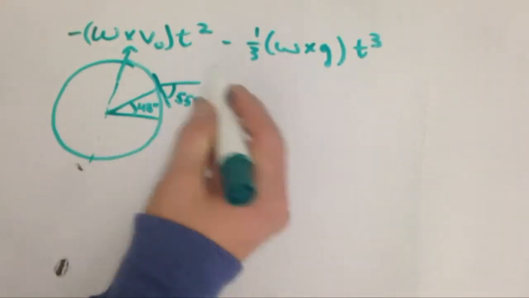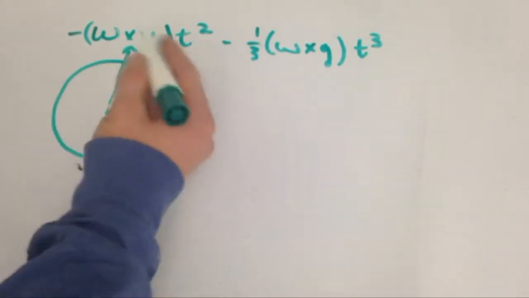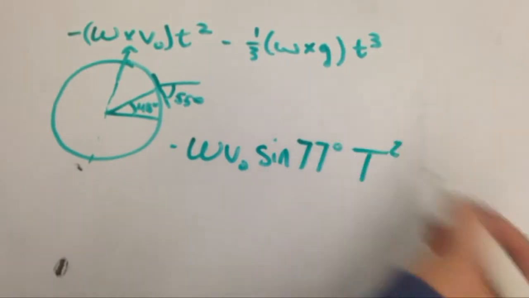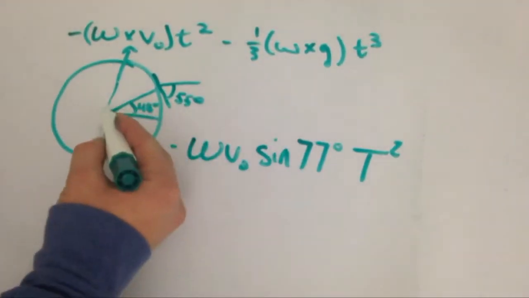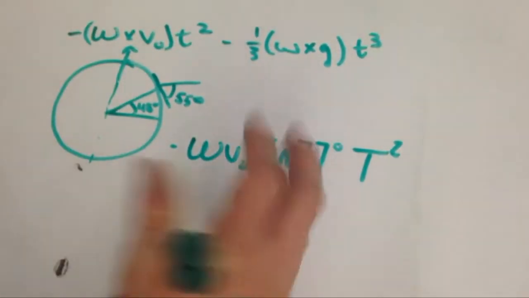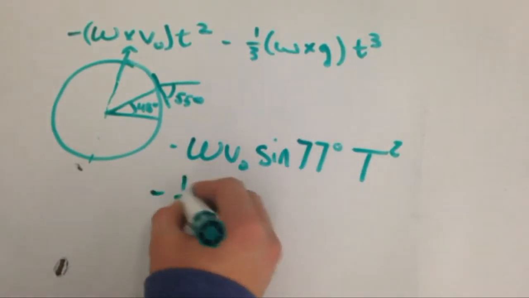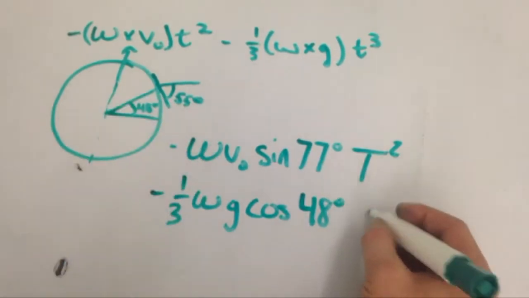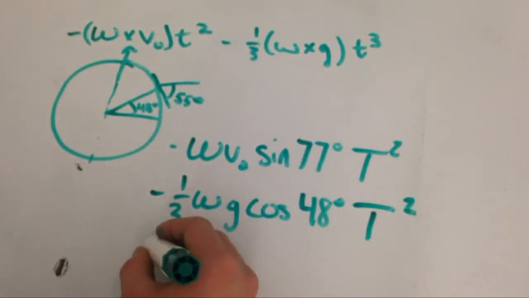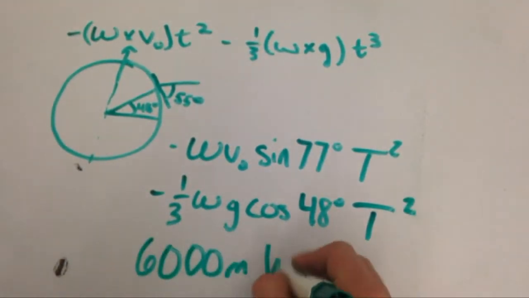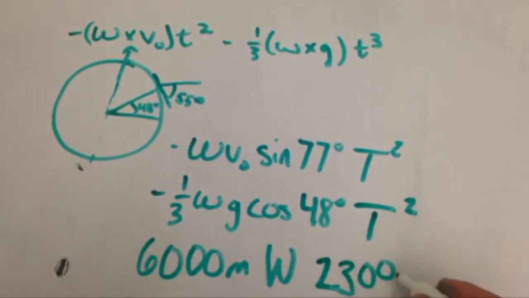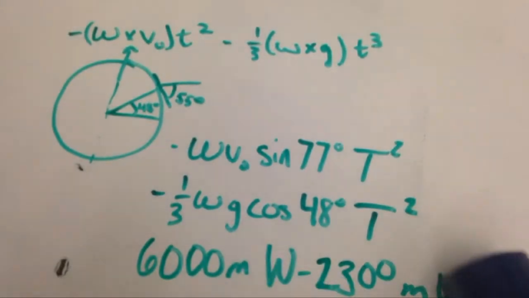Plugging in the angular velocity of the Earth, the acceleration of gravity, the initial velocity of the projectile, and the time it takes for the projectile to land, we get that the deflection westward is 6,000 meters, while the deflection eastward is 2,300 meters. The Coriolis effect thus deflects the projectile 3,700 meters westward.